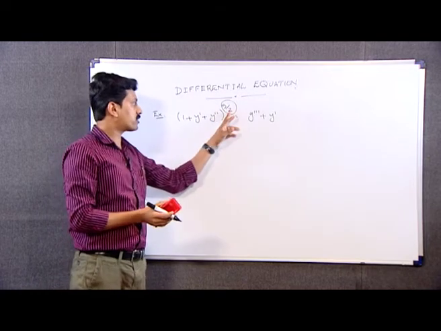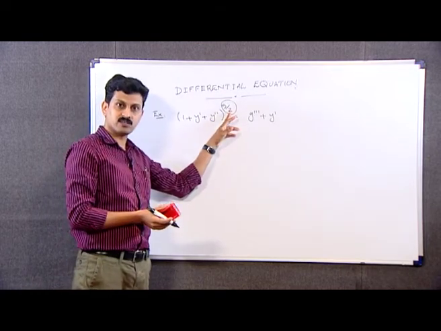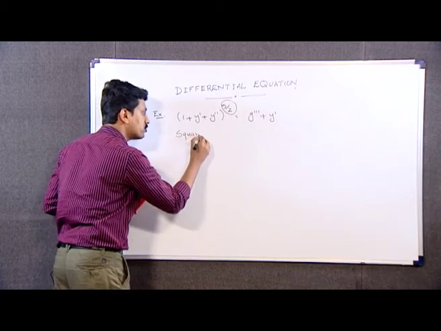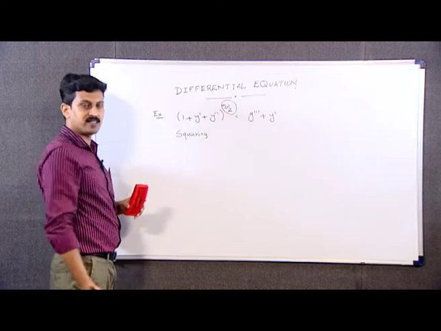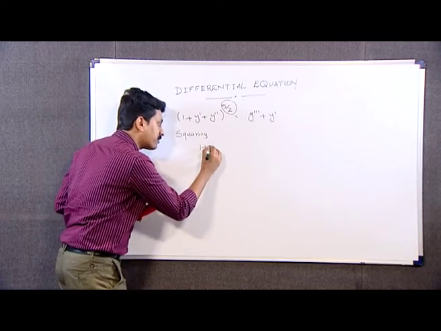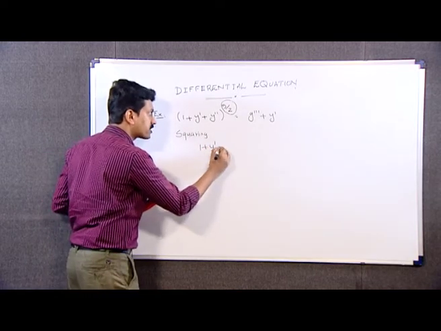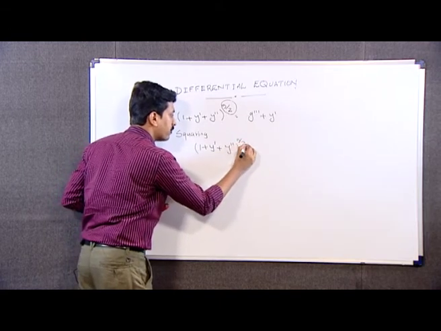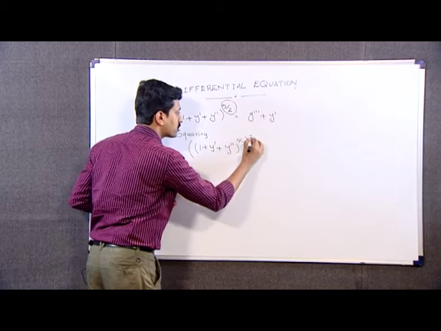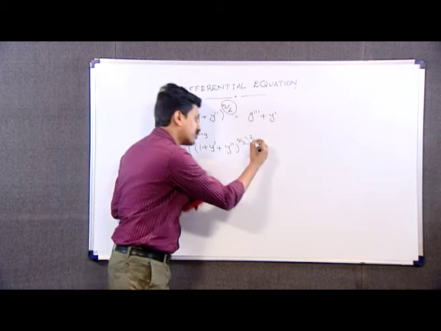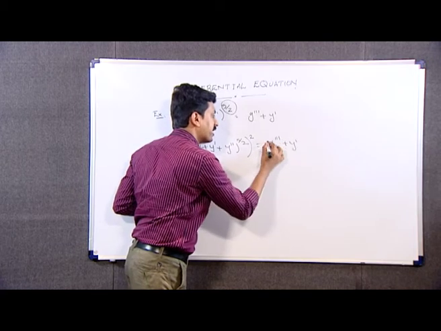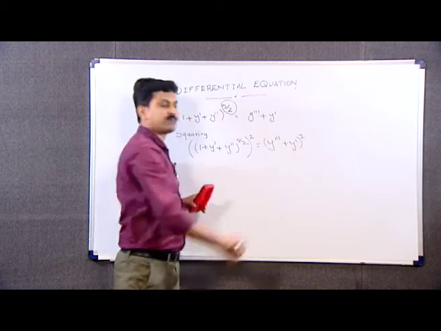We will focus on the denominator of the rational power. So, we are squaring both sides because the denominator is 2. So, we have 1 plus y dash plus y double dash whole raised to 5/2 whole square equal to y triple dash plus y dash whole square.